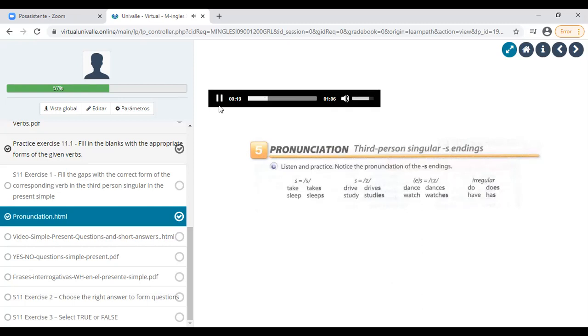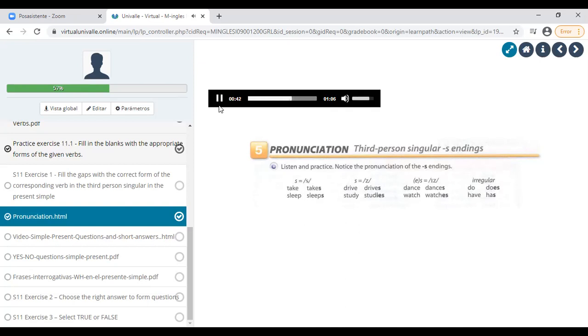S equals S. Taste, tastes, sleep, sleeps. S equals Z. Drive, drives, study, studies.